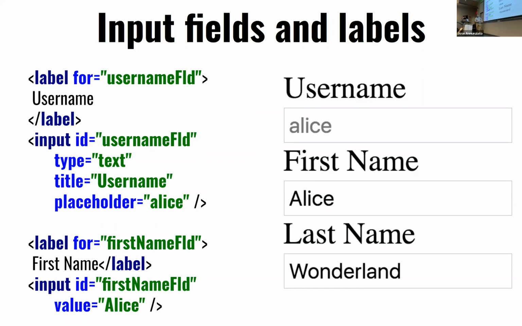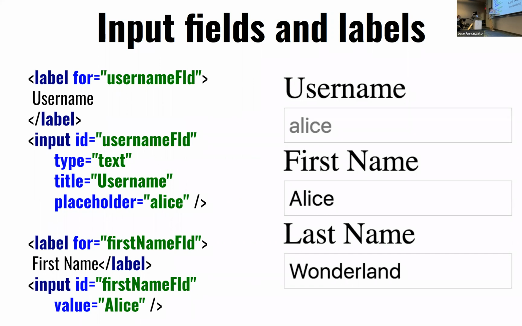Now, this is one of the first elements that is a self-closing element. See that? All the other ones up to this point were elements that contain other elements that contain some text. The input field does not contain anything. It's just all by itself. So we call this a self-closing tag. It just closes itself.